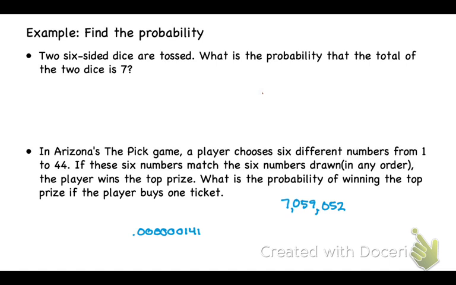We could do it. One year they had a plan. They were going to win and then go buy every possible ticket, so they'd win again. And I don't think that the Arizona Pick 6 game usually gets up to $7 million. Maybe it does. But do you know how long it would take you to buy 7,059,052 tickets?